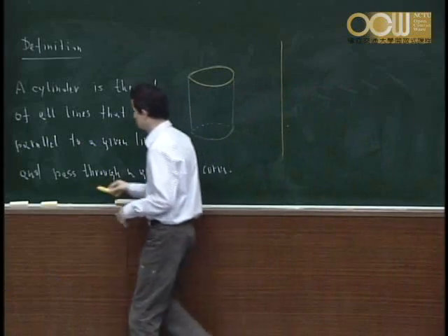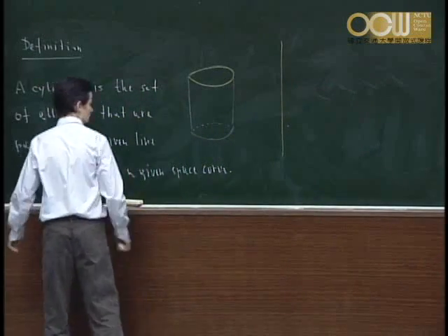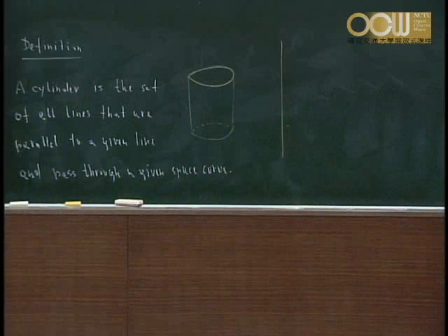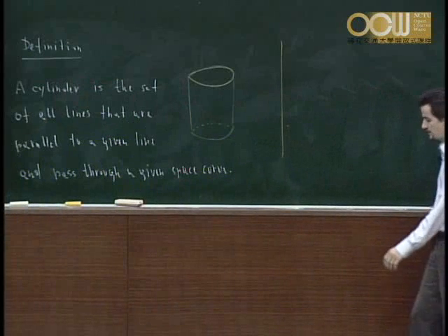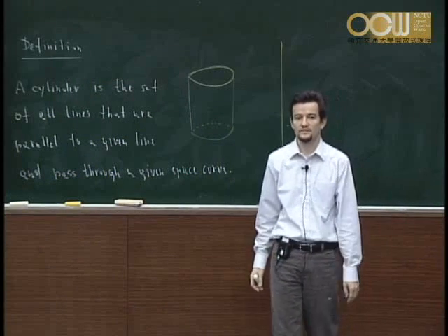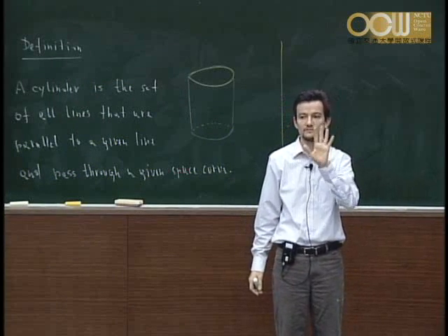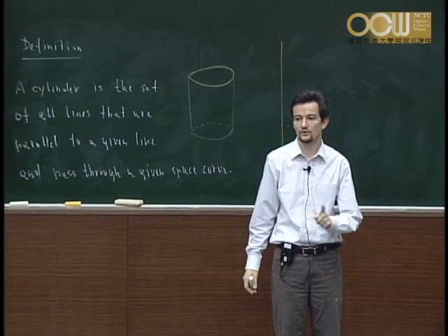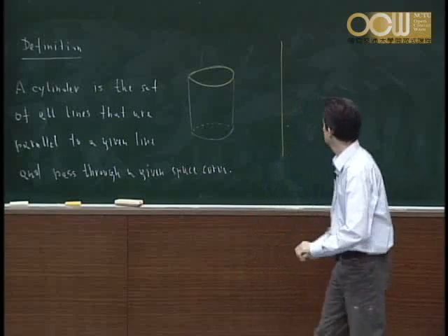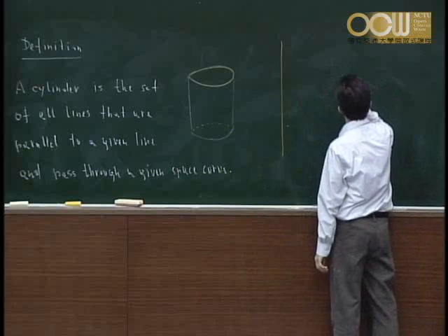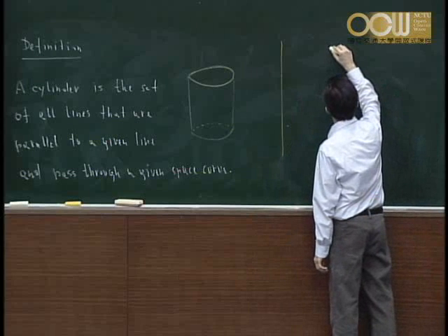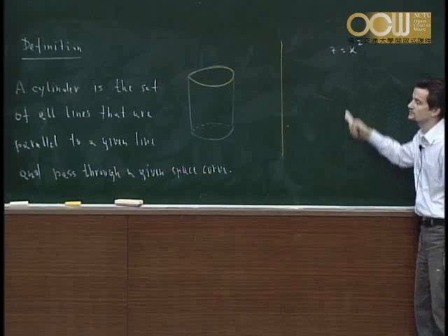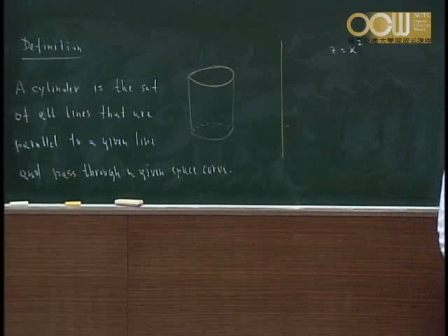So you see from this that a cylinder can be described by an equation in space which does not involve one of the variables x, y, or z. For instance, if you have given in space z is equal to x squared, this is an equation which does not involve y.